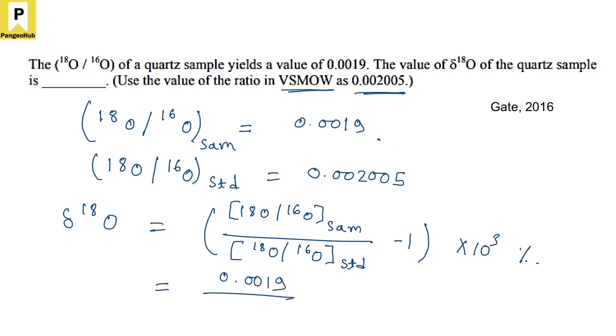0.0019 divided by 0.002005, minus 1, into 10 to the power 3. So let's find out the value. Let's take a moment and calculate this fast, everyone.